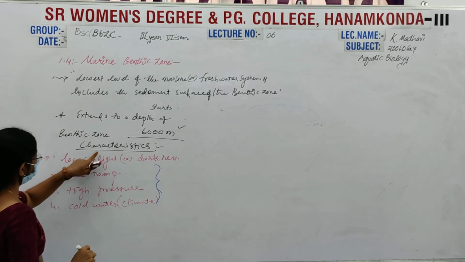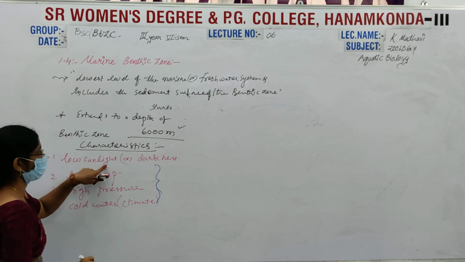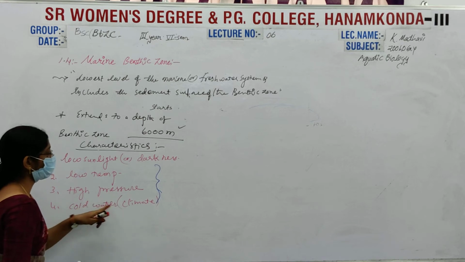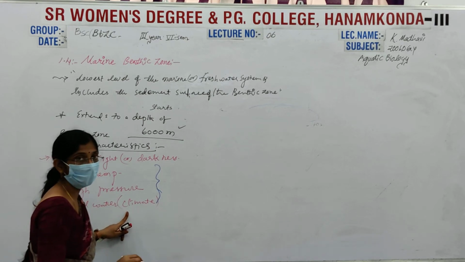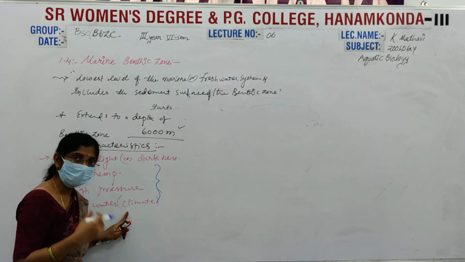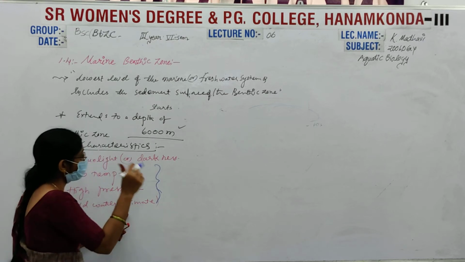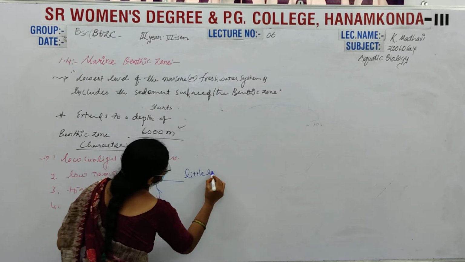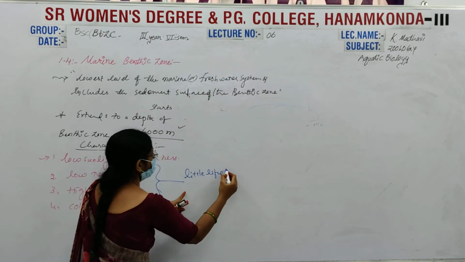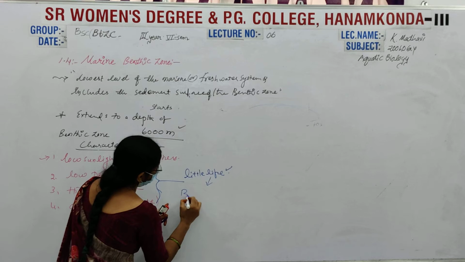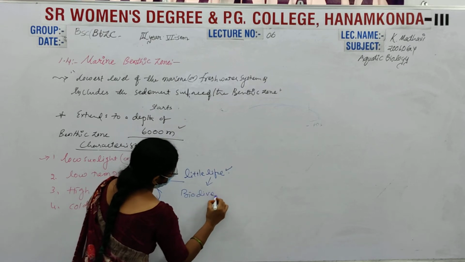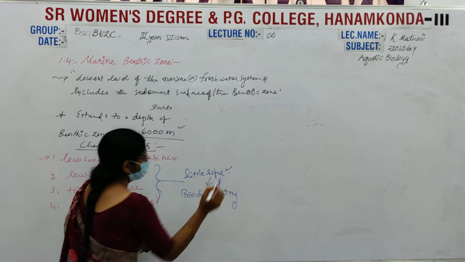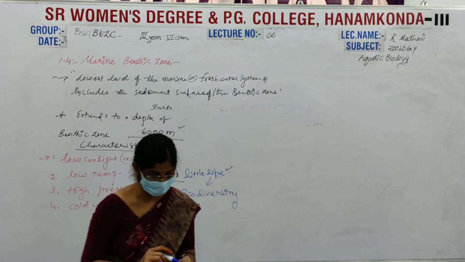Benthic zone characteristics: low sunlight and low temperature, high pressures and cold climatic conditions, so that little life is present. This life shows a little biodiversity.